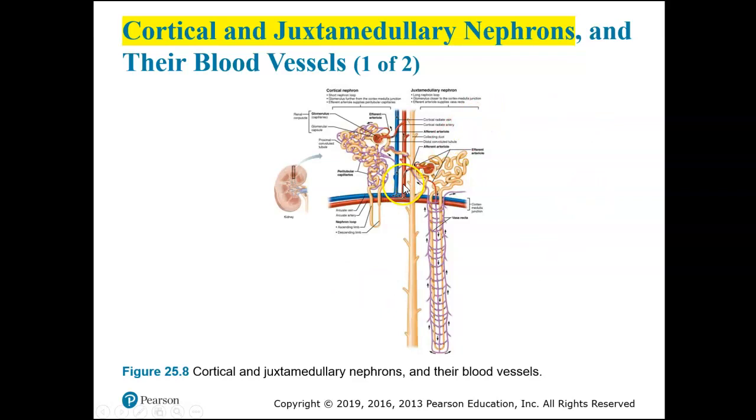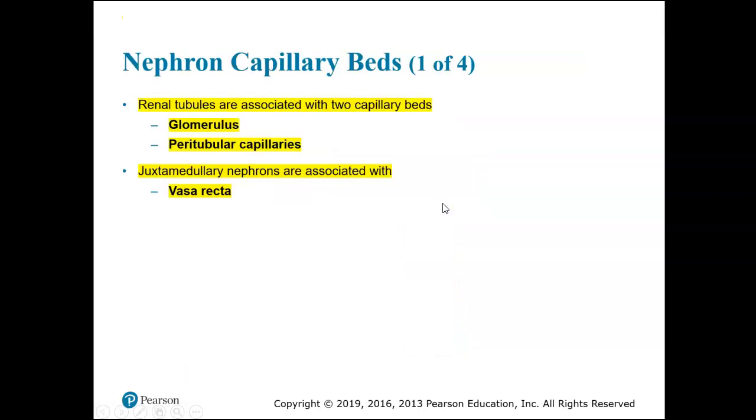Here you can see a picture of a cortical nephron. You see how much shorter it is, and this would be a juxtamedullary nephron. See how it has this long loop that goes deep into the medulla of the kidney.